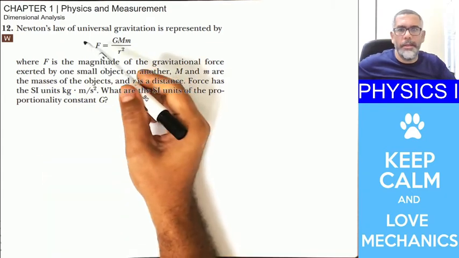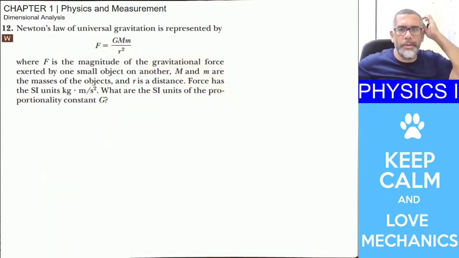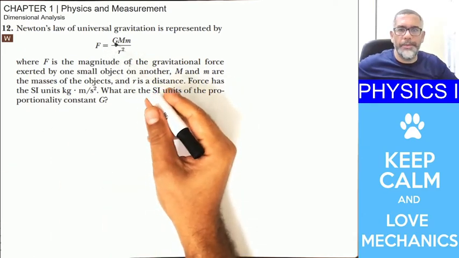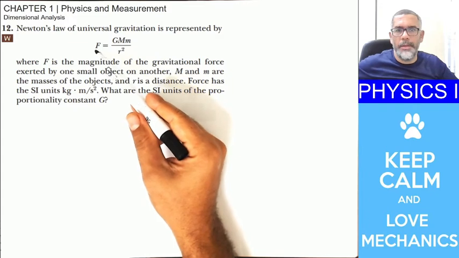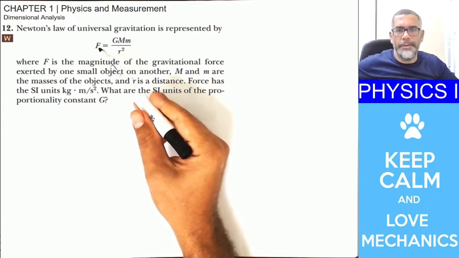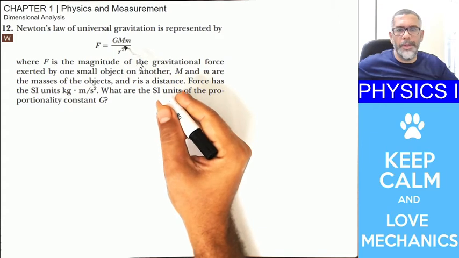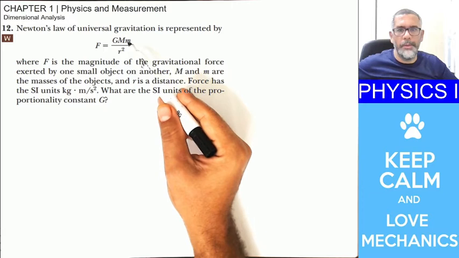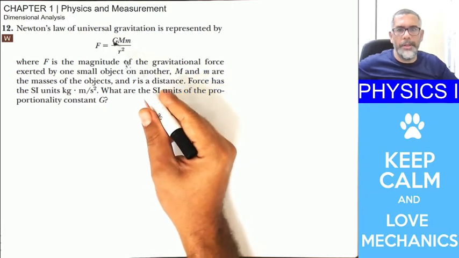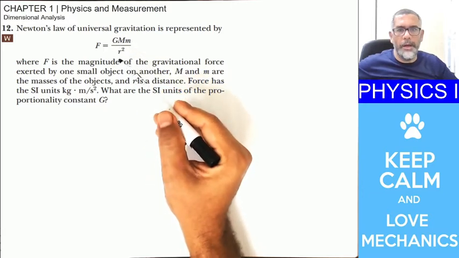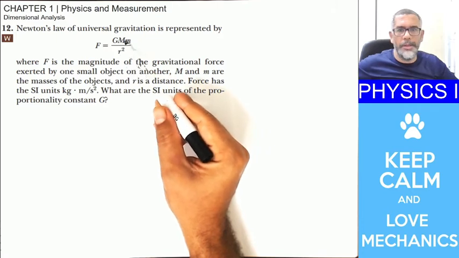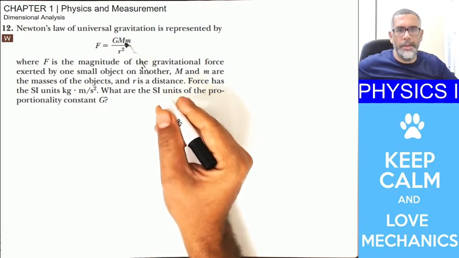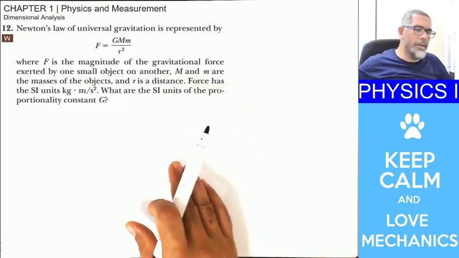So it says the universal gravitation law is given by this formula, where F stands for the force between two objects. One object has the capital mass M, the other object has small mass m, and G is a physical constant, and R is the distance between these two masses, the physical length distance between these two masses.